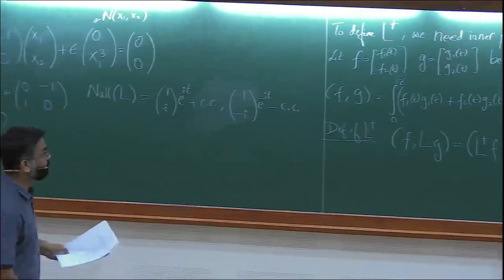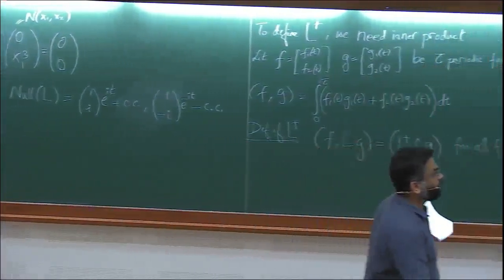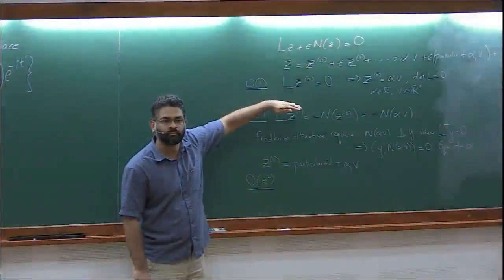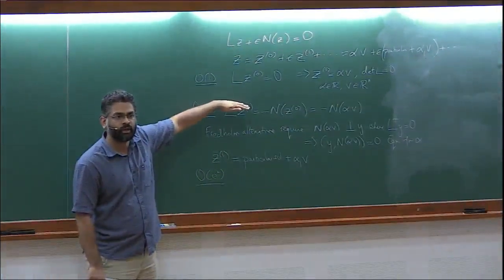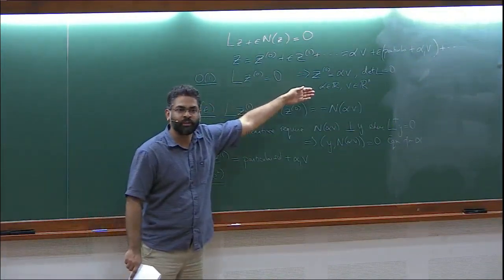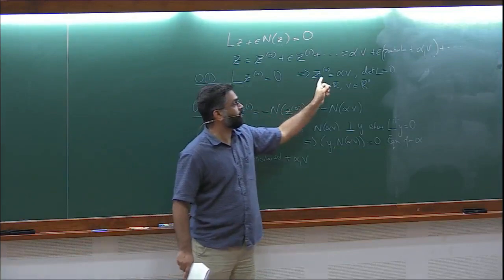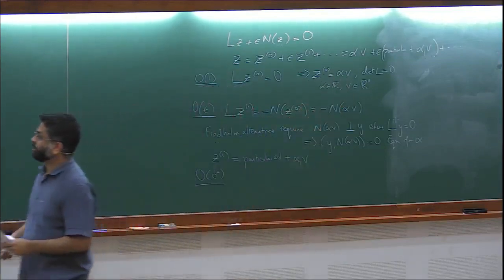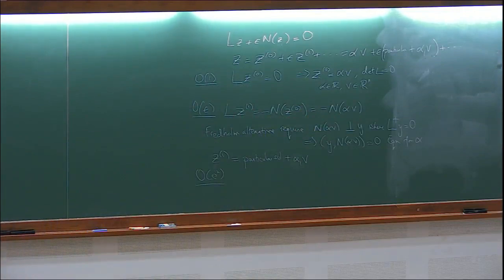All right. With this part resolved, we can actually write down the order 1 equation. I know what L is. This is my order 1 equation. I know what my null space is, and I can write down my 0th order solution in this form. So let's start the perturbation series.